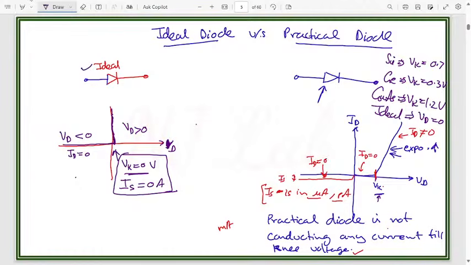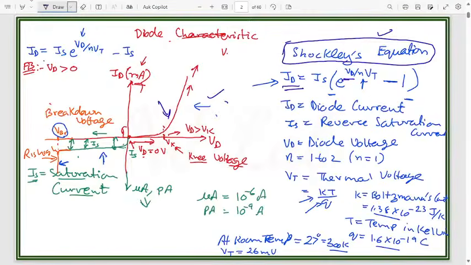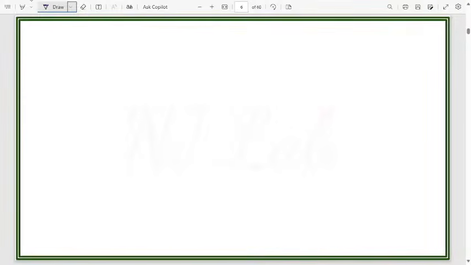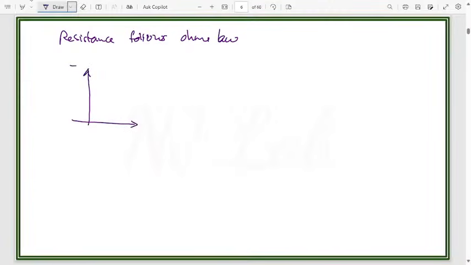It is necessary because this diode characteristic is non-linear. Why non-linear? Because we know that a resistance follows Ohm's law. It means that if we draw a graph between I and V, then it will be a straight line passing through the origin.